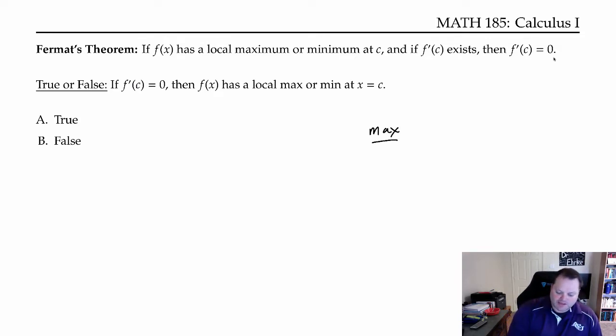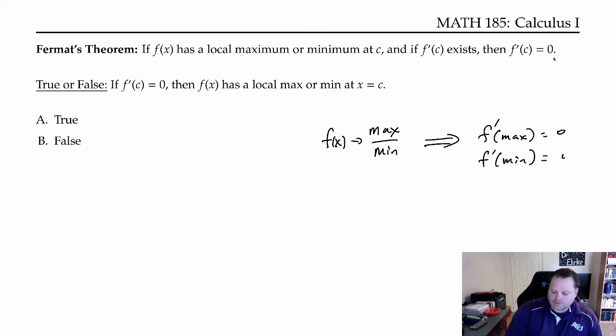Anytime a function has a max or a min, so f of x has a max or a min, that automatically implies that the derivative at the max or the derivative at the min is 0. So anywhere you have maximums or minimums in your original function, the derivative at those points is 0.